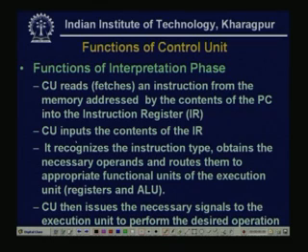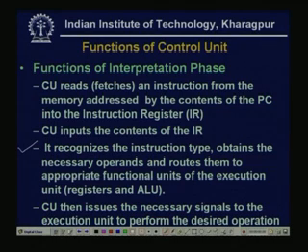Then the control unit inputs the contents of the instruction register. It recognizes the instruction type, obtains the necessary operands and routes them to appropriate functional units of the execution unit. Registers and ALU are the execution units.